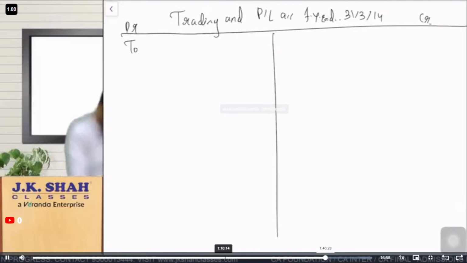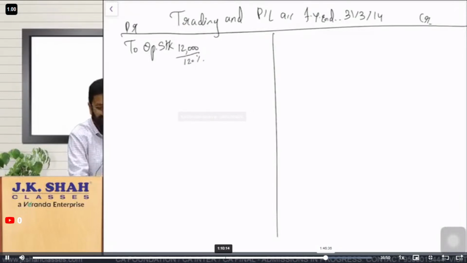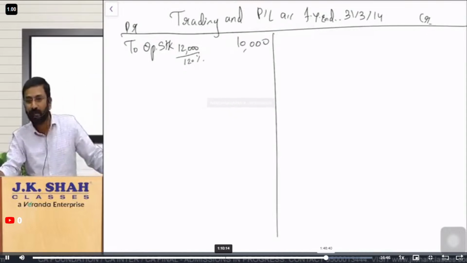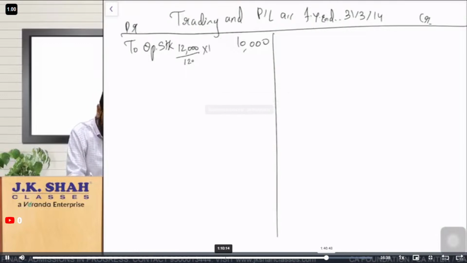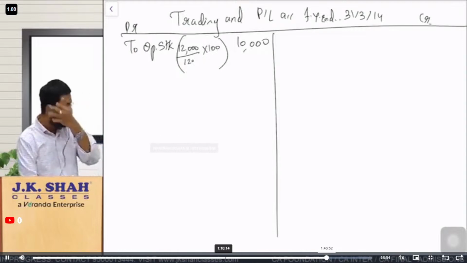Opening stock is already given in the question, which is 12,000 by 120%, so 10,000. Opening stock is at invoice price, 120 value. We have to show it at 100 value. So opening stock will be 10,000, at cost.